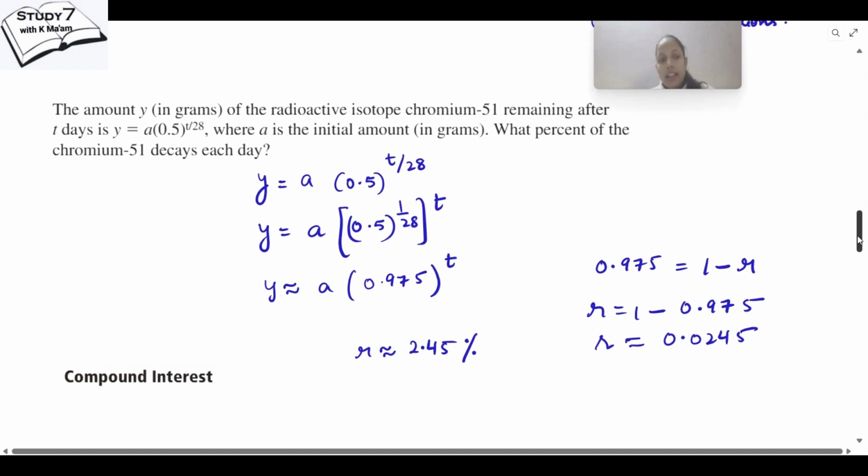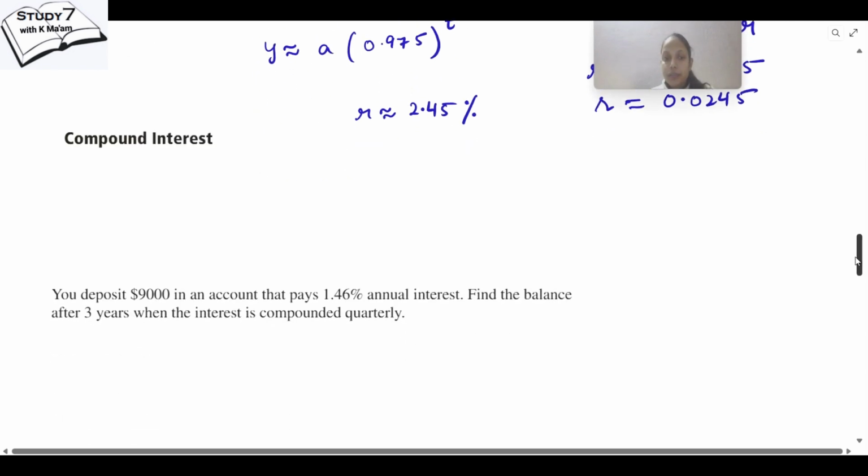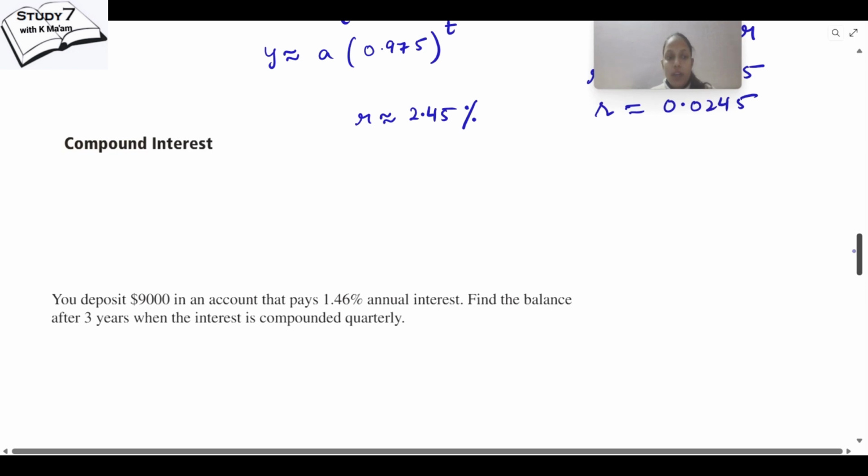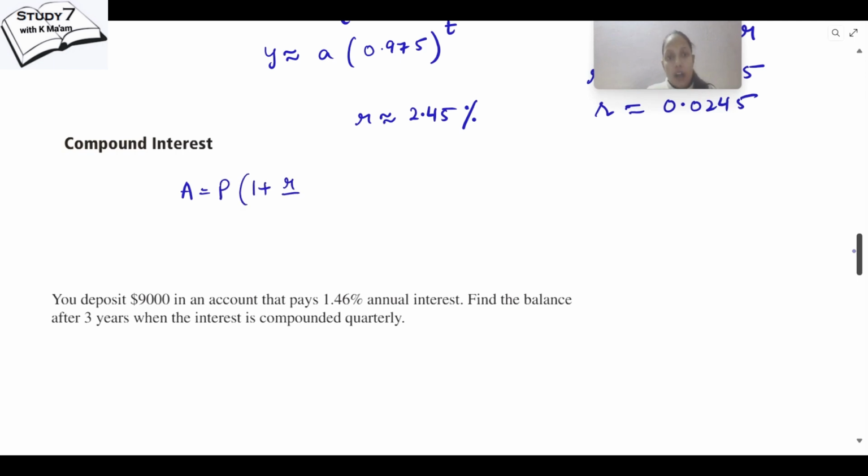Next we have compound interest. We have questions on compound interest. Only one formula will be used: amount equals principal times 1 plus r over n, to the power nt.